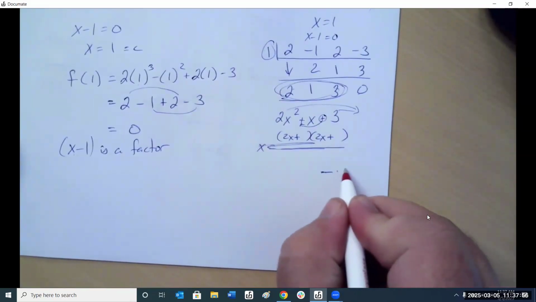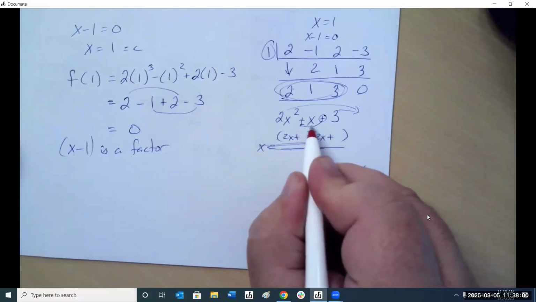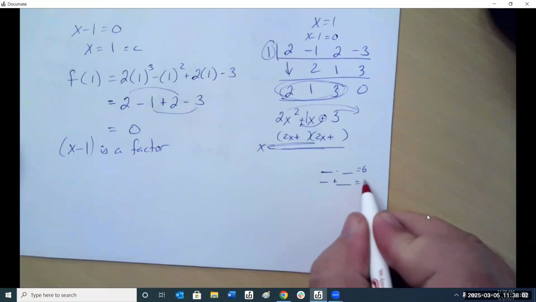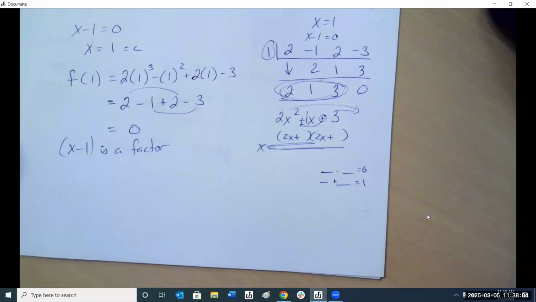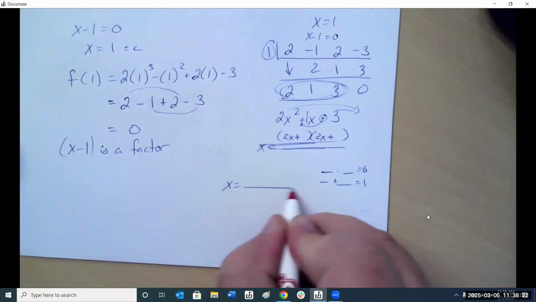What times what equals 6, and when you add them, you get 1? Try again. 3 plus 2 is not 1. So it's 6 and 1. 6 plus 1 is 7. So we can't factor. We have to use the quadratic formula.